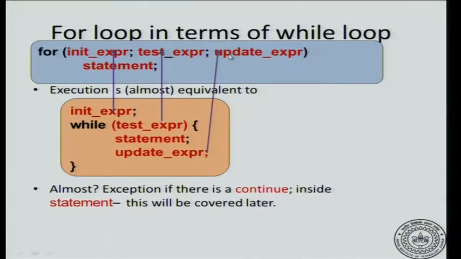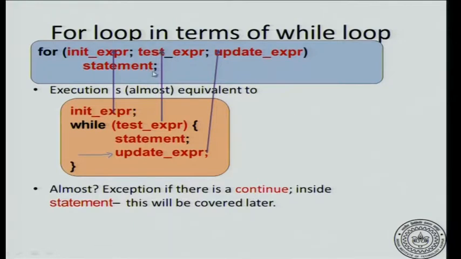One important thing to notice is that the update expression is after the statement. So, we have the following. First, we execute the initialization expression, then we test whether the expression is true. If it is true, you execute the statement, update expression, and then again go to the test expression.